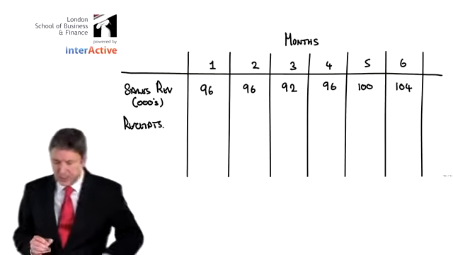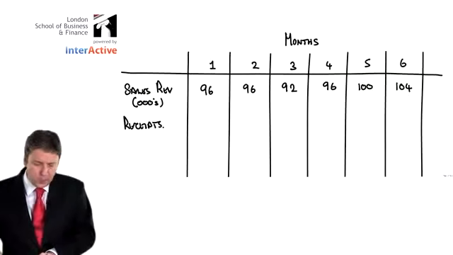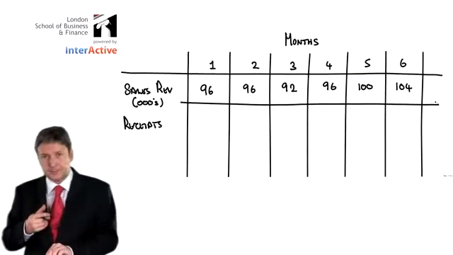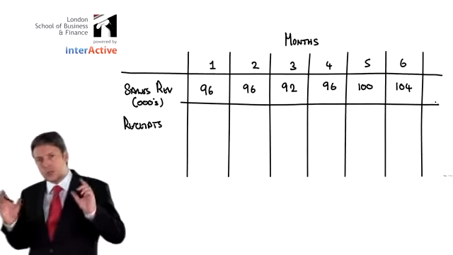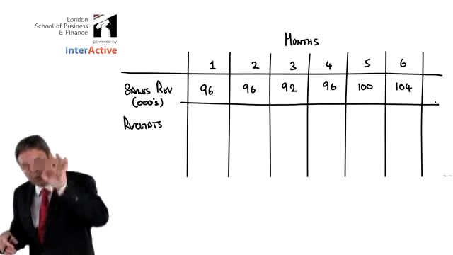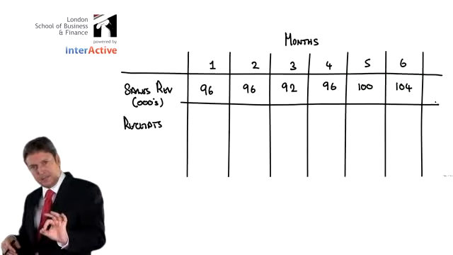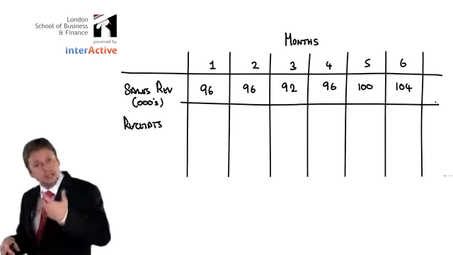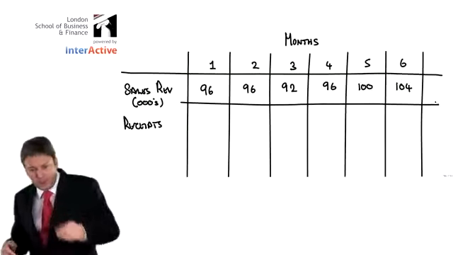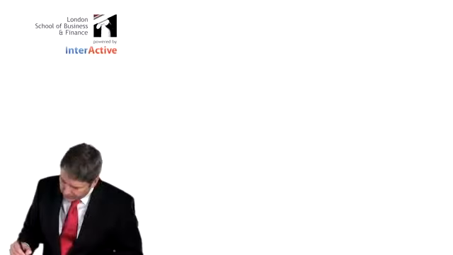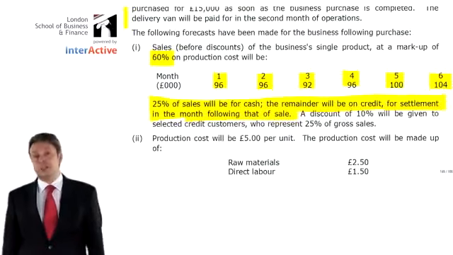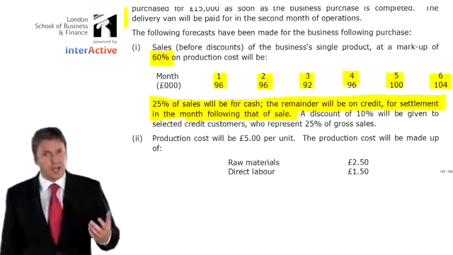Now, my view is that there's so much going on here, we do not want to do anything clever. Instead, we're going to do lots and lots of little steps that progressively get us there. I think this is quicker because each step in itself is not difficult. If we look back at the question, what was the first instruction we were given? Oh yes, 25% of sales will be for cash.